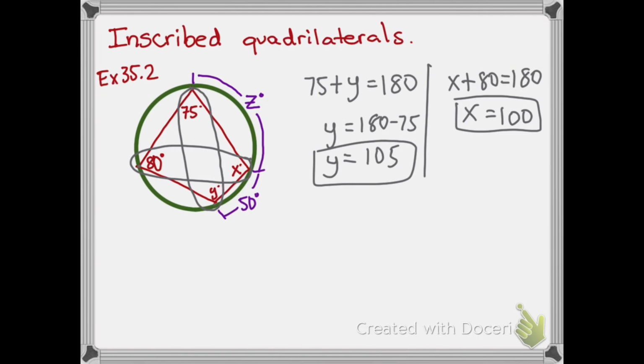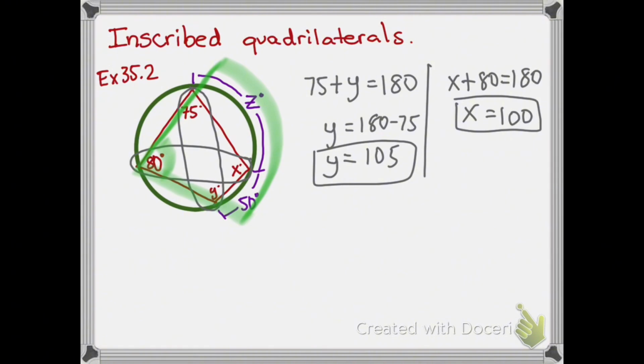Now, how do we find z? Well, for that is a different thing. And I'm going to use this different color just so that we see what's happening. Remember that we have learned that if we have an inscribed angle, like that 80, then this whole arc is going to be double what that angle is.